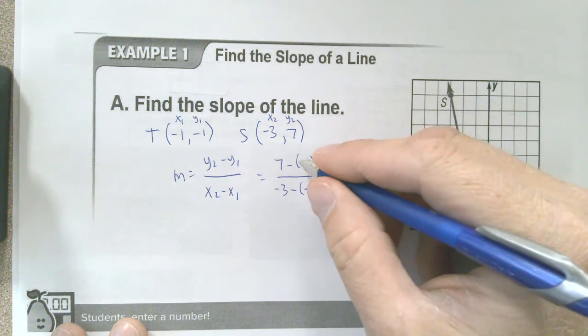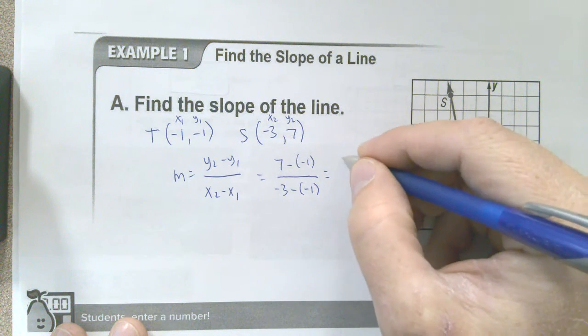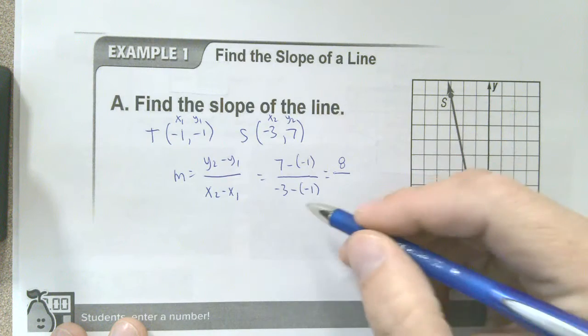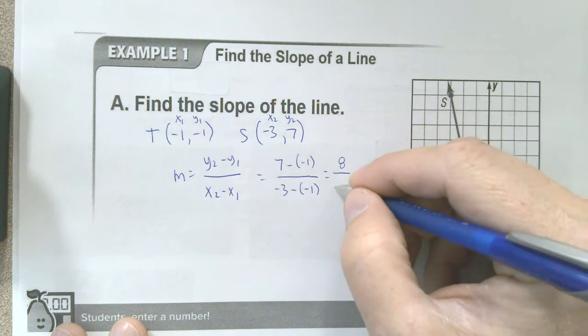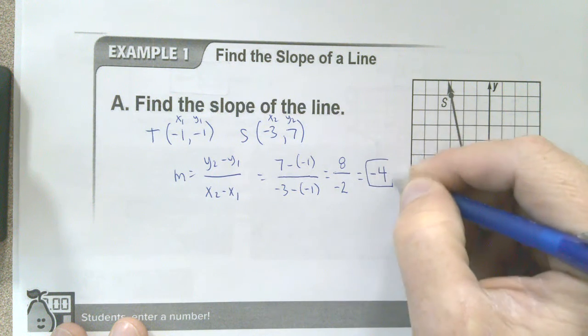On the top, remember whenever you have 2 negatives, that makes a plus. So 7 plus 1 would be 8. Negative 3 plus 1 would be negative 2, which gets me a slope of negative 4.